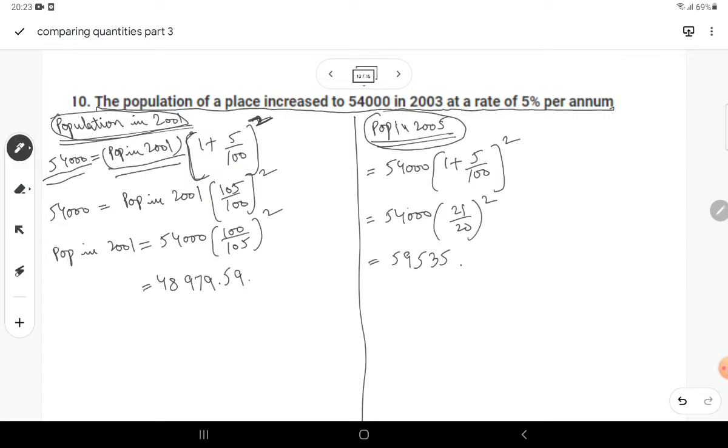So on solving, we get population in 2001 equal to 48,979.59, and population in 2005 would be population in 2003, that is 54,000 into 1 plus 5 upon 100 raised to power 2, which on solving gives the value as 59535.